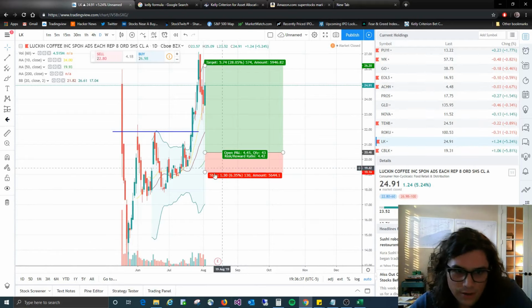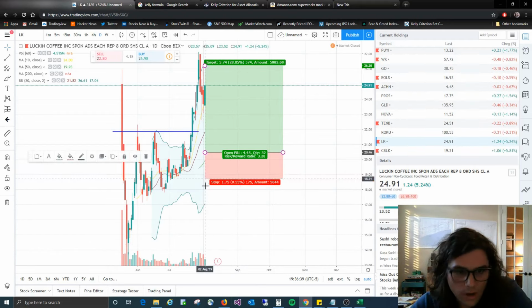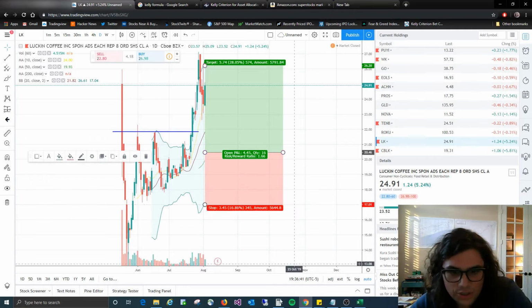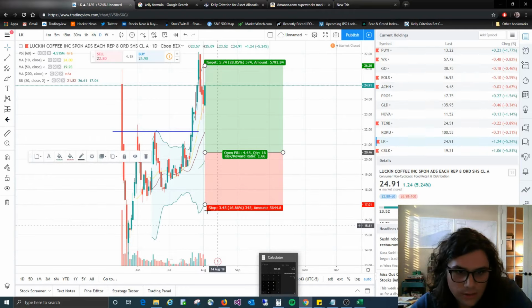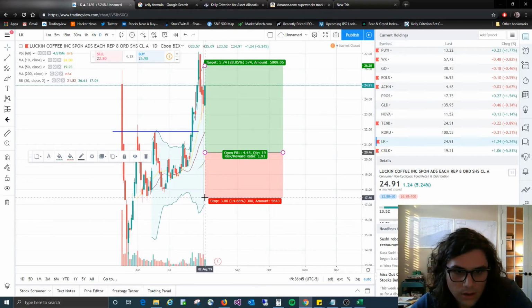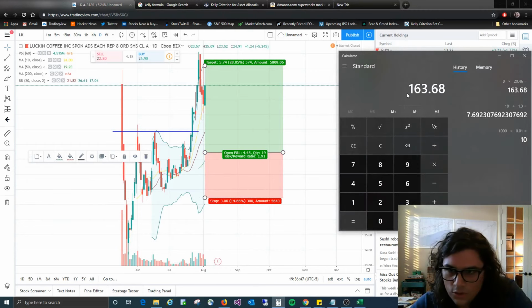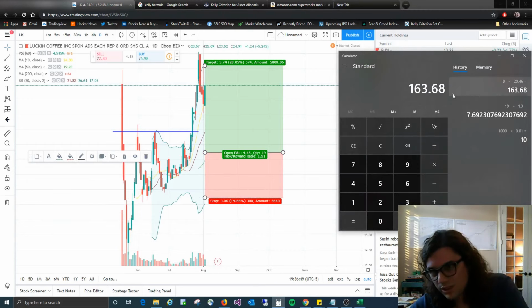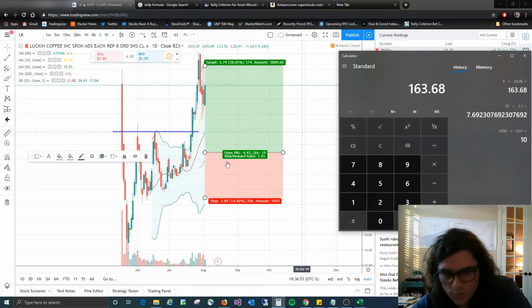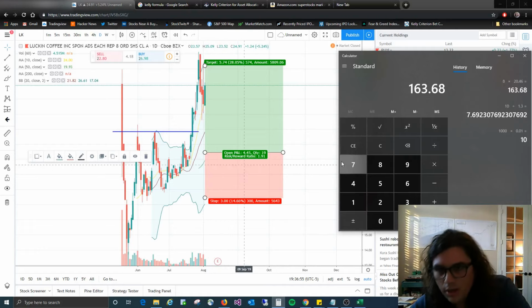And depending on, say, if your stop was wider, say I put my stop down here, my position size is going to be smaller, right? Let's say we did it at like 3. I had $163 out of $1,000 as the size of my position on the previous stop because it was closer.